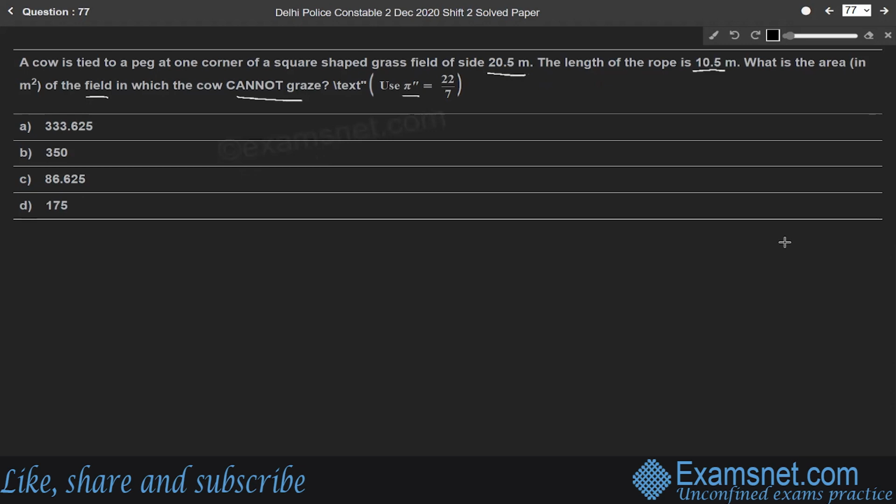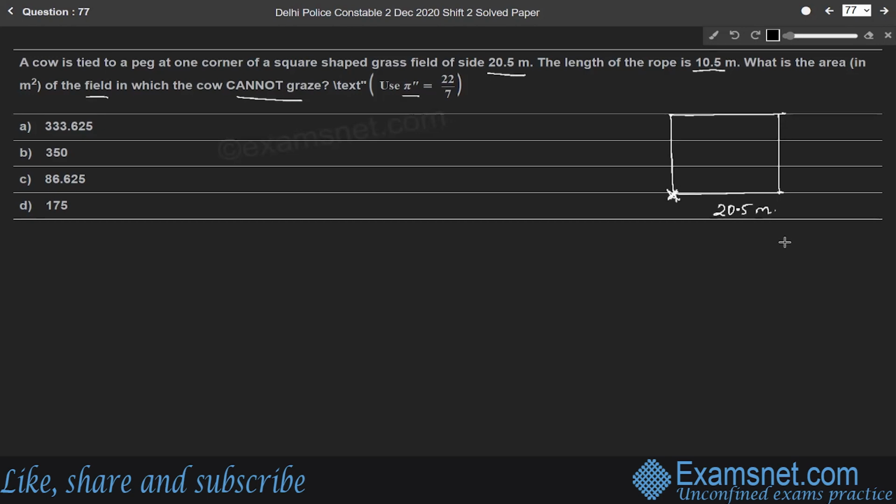So let us consider a square-shaped grass field like this, right? Of side 20.5 meter. A cow is tied to a peg at one corner of the square field.